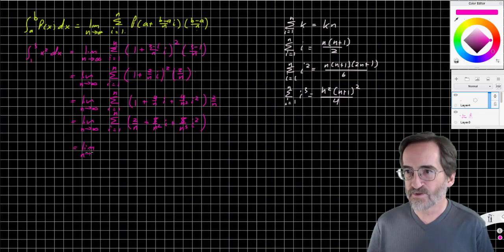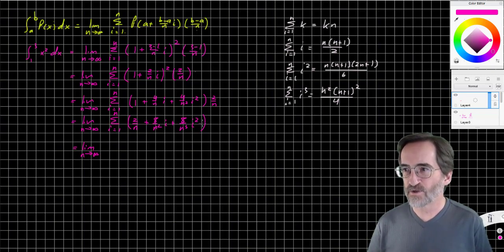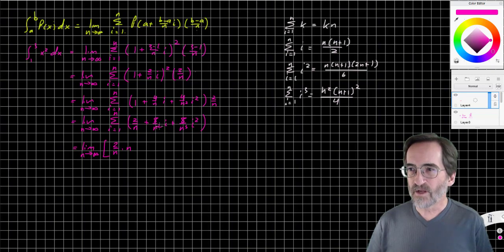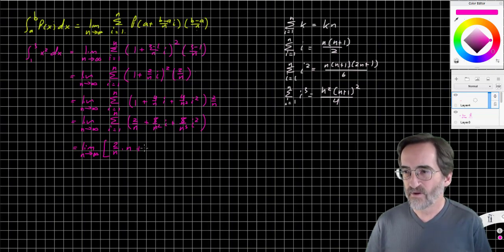So the sum of a constant, so let's take the limit as n goes to infinity. The sum from i equals 1 of 2 over n, it distributes over addition, is 2 over n times n, because remember it's kn and this is k. 2 over n is k. Okay, 8 over n squared is just a constant here, so I can factor it out, and this is 8 over n squared times the sum of i.